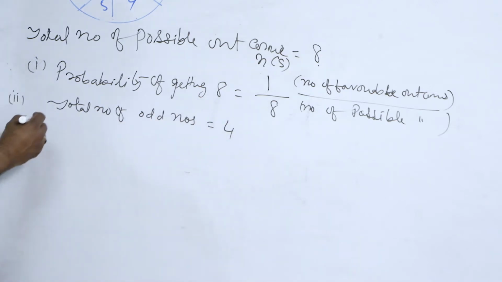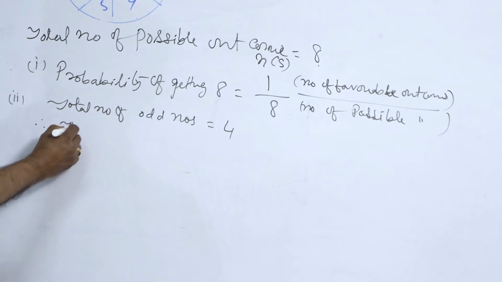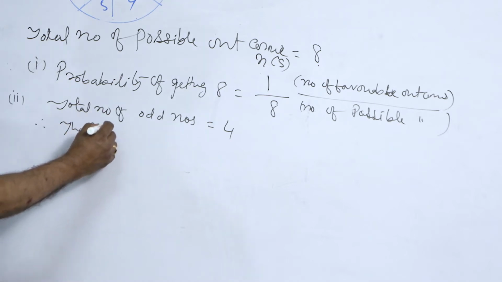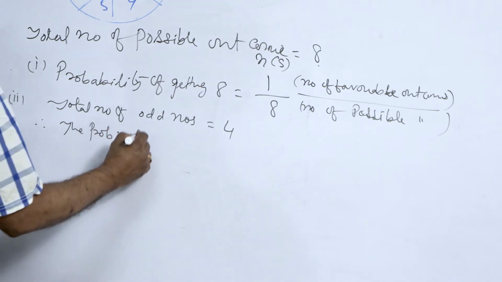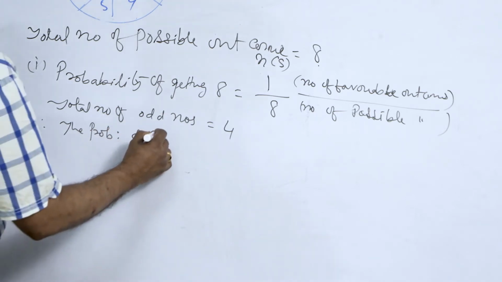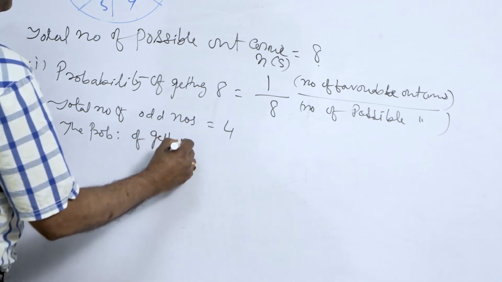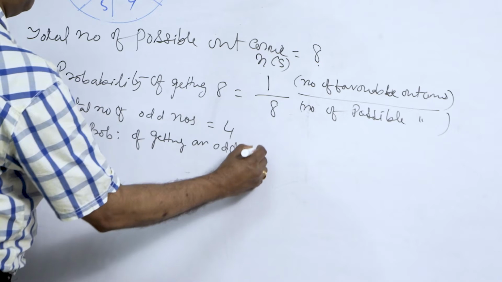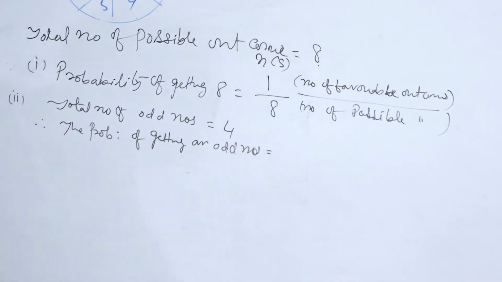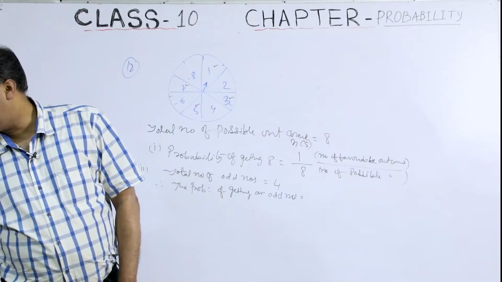Already taken 8 as the total. Therefore, you can write in short form like this: probability of getting an odd number is equal to how much? Probability of getting an odd number on the spinner.